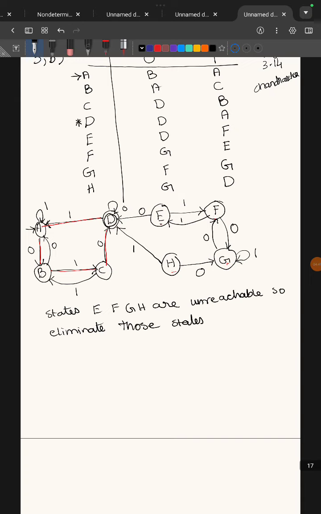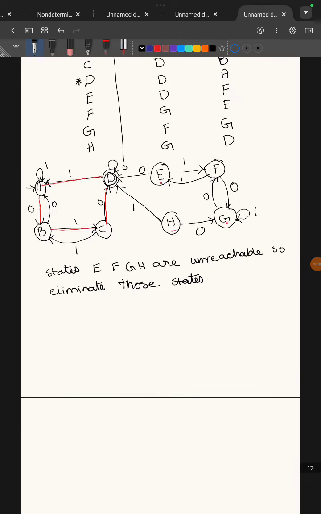According to the Hopcroft book, in DFA minimization we eliminate the states which are not reachable from the initial state. Here E, F, G, H are not reachable from the initial state, so we eliminate them. What are the remaining states? We will have A, B, C, D. D is my final state.